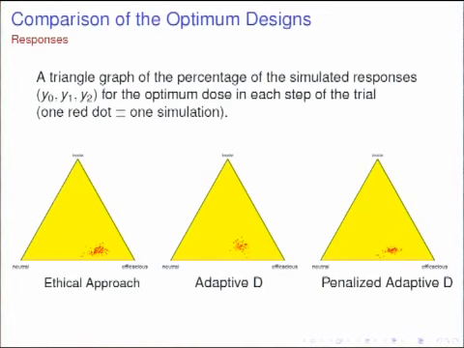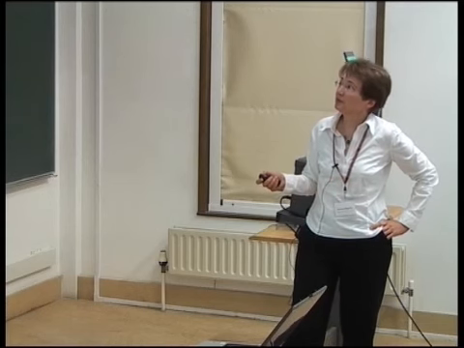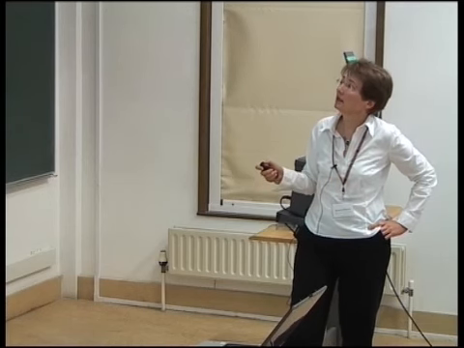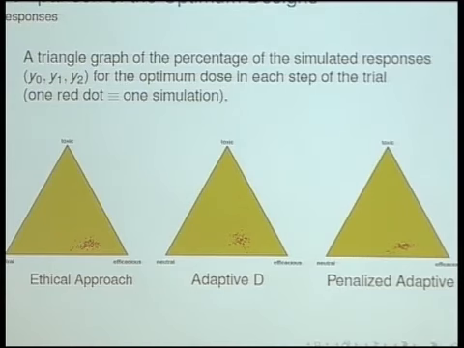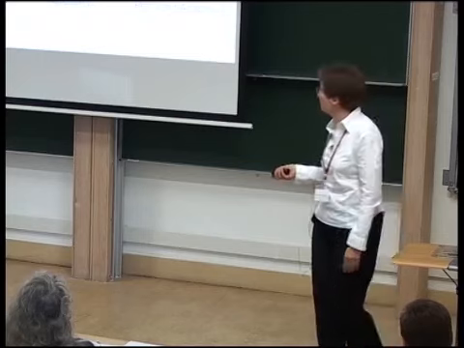I mean, the farther the better. Yeah? And here's a bit more spread for adaptive D. And here, this doesn't look too bad. But this, of course, depends on the curves of toxicity, yeah? On the model very much.